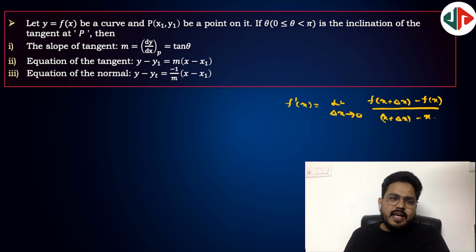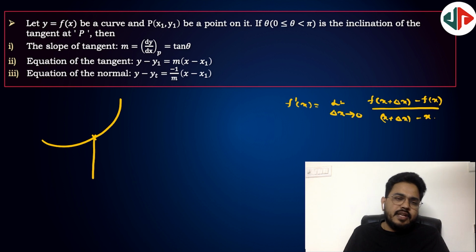So what is that? If you have a curve like this, this point is on the x coordinate, if this is x, and there is a point at a distance of delta x, so this point will be x plus delta x.